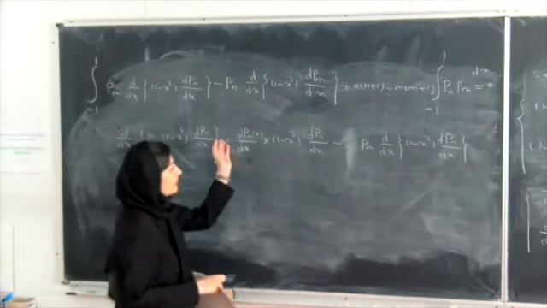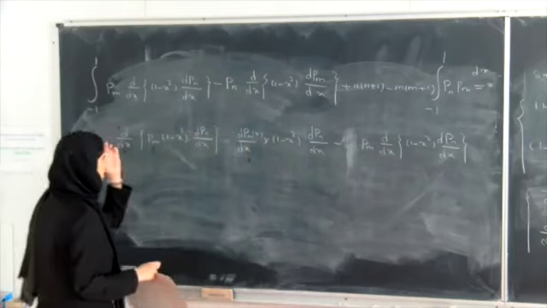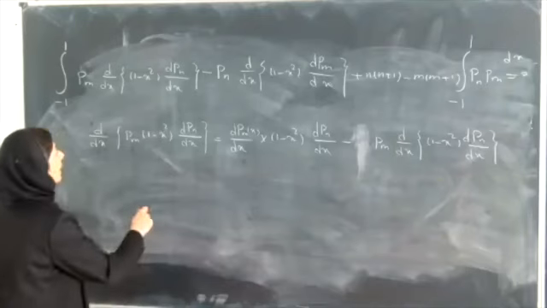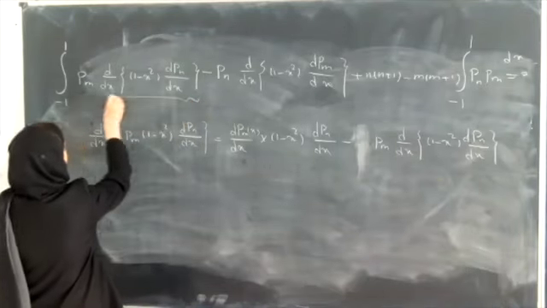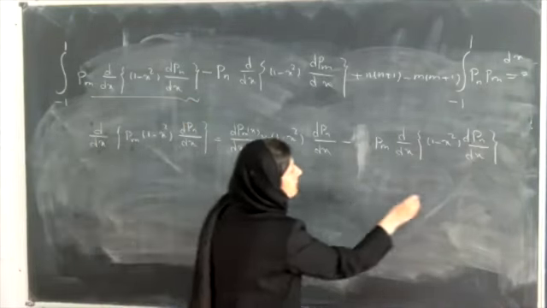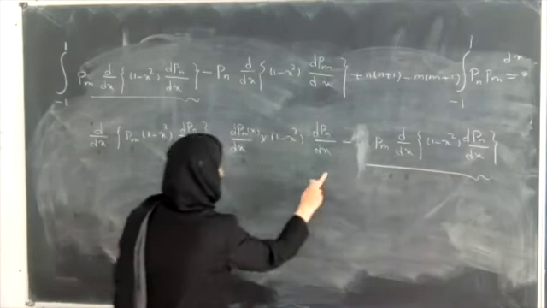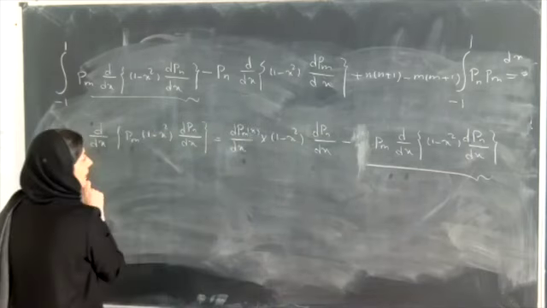It's simple, and it's the property of the derivative of a function. So for this part, here we have this part. We can write it in base of these terms.